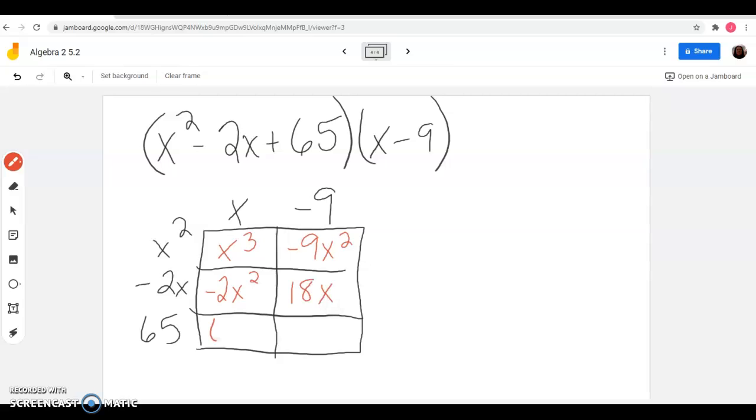Then I take 65 times both of them on the top. And I need to remember my math. Whatever 65 times 9 is, I guess. Okay, so 585, and it is a negative.